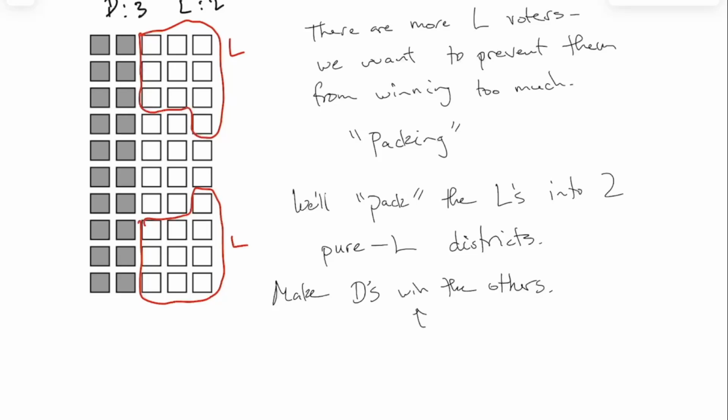And remember, in order to win one of these districts, we need 6 D's in each of the others, right? So I'm going to try to draw the other districts by grabbing 6 of the D's and maybe 7 sometimes.